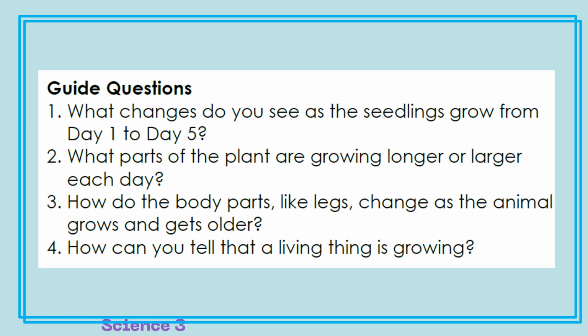What changes do you see as the seedlings grow from day 1 to day 5? 2. What parts of the plant are growing longer or larger each day? 3. How do body parts like legs change as the animal grows and gets older? 4. How can you tell that a living thing is growing?